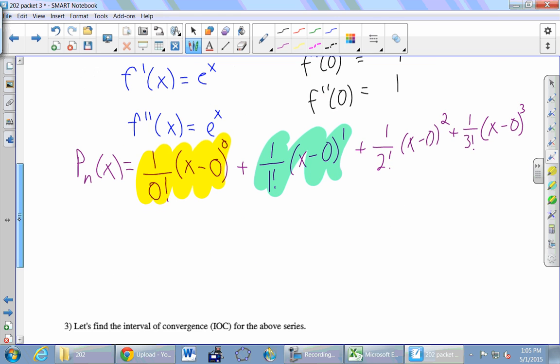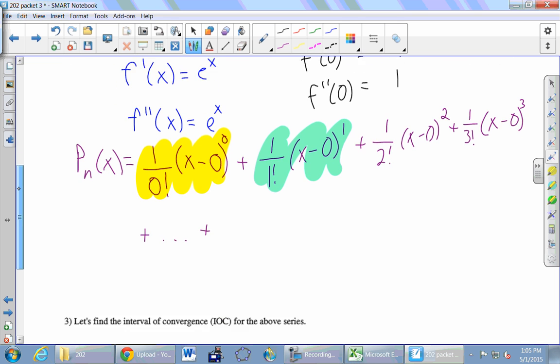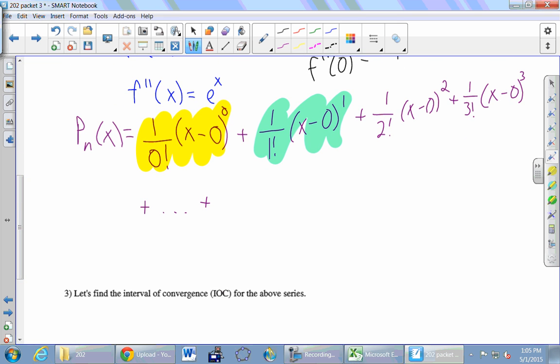Now, here's the difference between last class and this one: now we're trying to go to a generic n. Instead of stopping at cubed, we want to stop at the nth term. We want the general term, same idea that many of you are doing on the project that's due on Monday. So we're going to do a plus, dot, dot, dot, plus, and then we're going to jump all the way to the nth term, which is a very general thing.